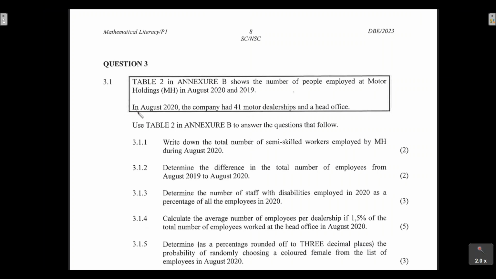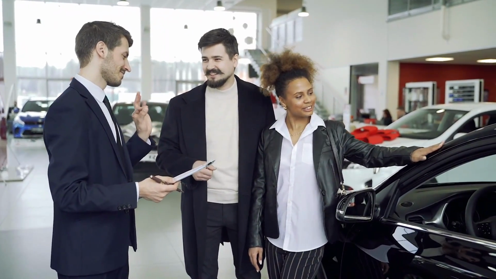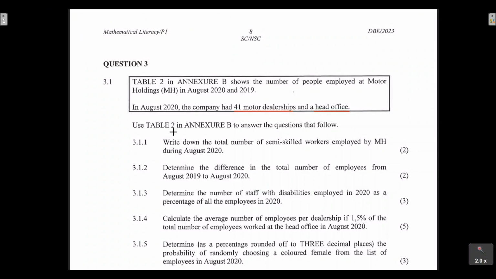We are told that in August 2020 the company had 41 motor dealerships and a head office. So use Table 2 in annexure B to answer the questions that follow.